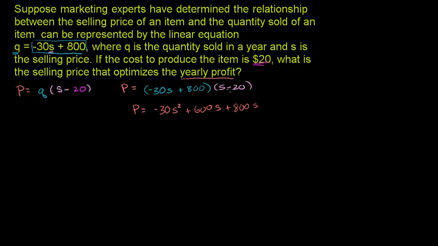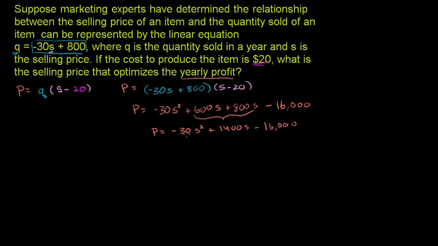And then 800 times negative 20 is negative 16,000. So this right here is our profit function. And we can merge these middle two terms, so we have our profit is equal to negative 30S squared plus 1400S, minus 16,000.